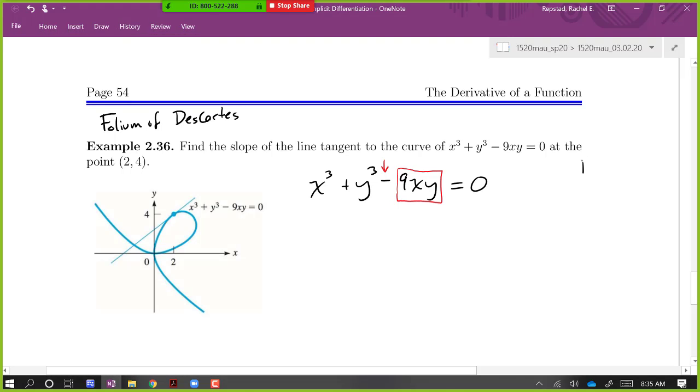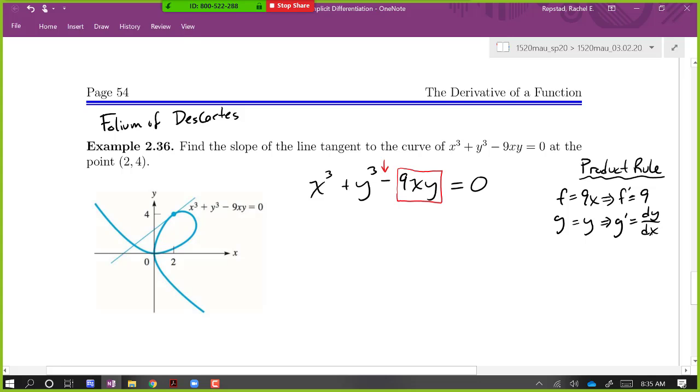So if we're setting up the product rule for ourselves, then our f function is 9x. What's f prime? 9. Just 9. Our g function is y. What's g prime? dy/dx. Great.